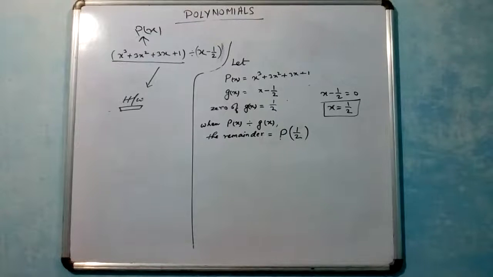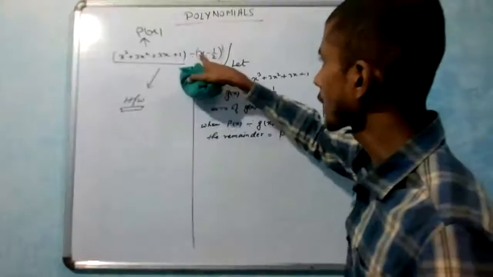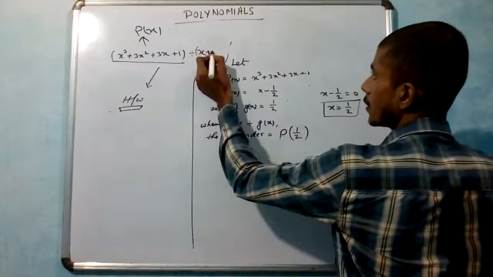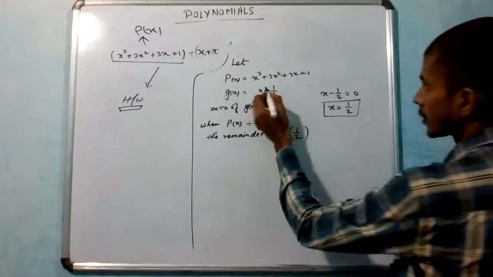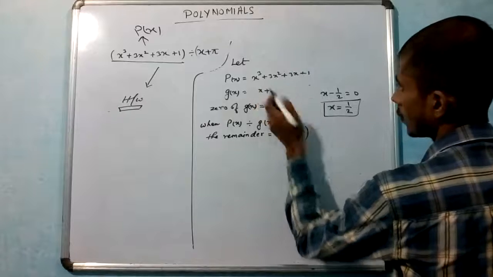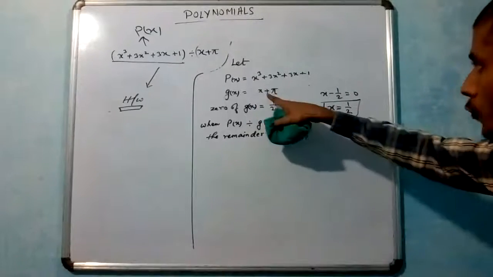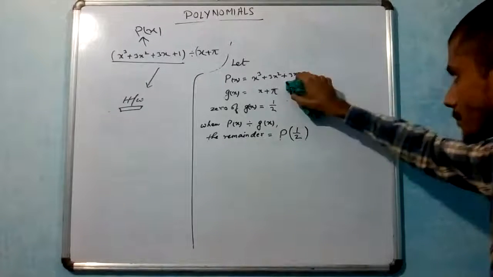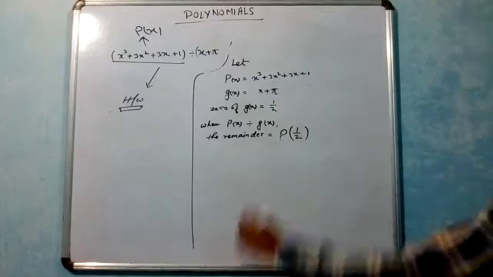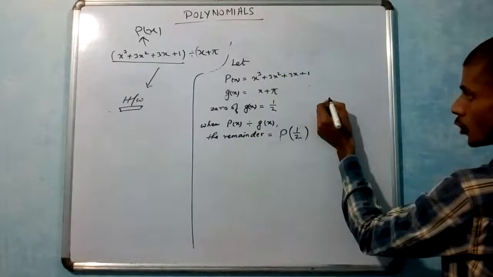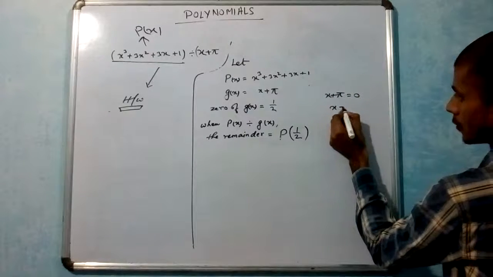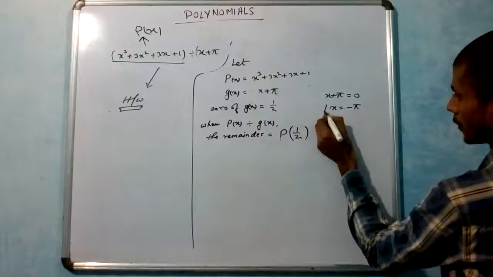Now the fourth one, see, x plus pi. When px is divided by x plus pi, then what do we have to do? So what will be the 0 for this gx? X plus pi, so x is equal to minus pi.